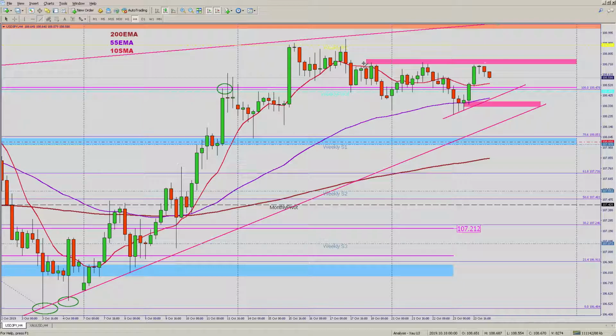These highs up here, you can use that as the upper trend line of the ascending triangle.